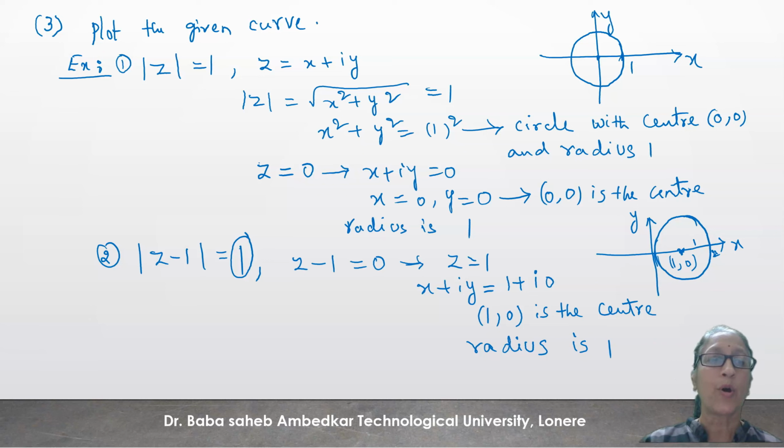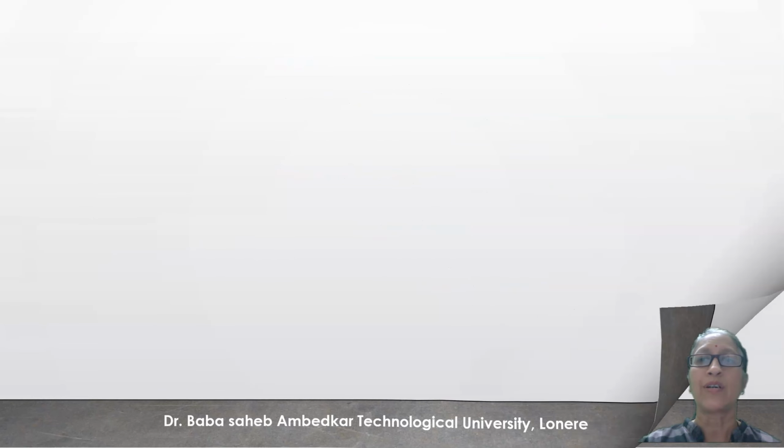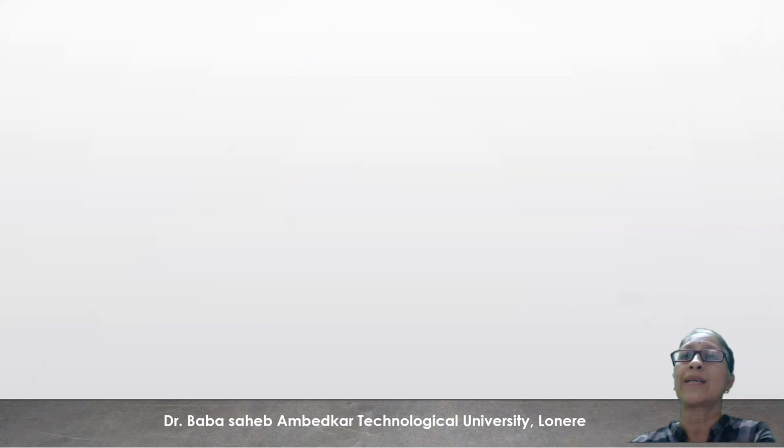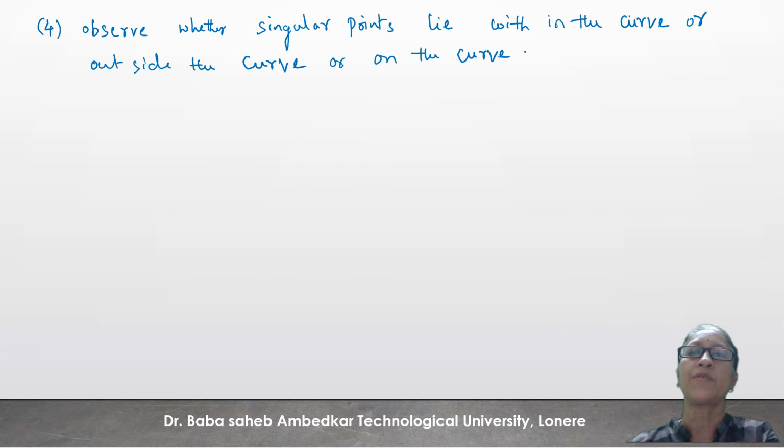After plotting the given curves, in the fourth step observe whether the singular points lie within the curve, outside the curve, or on the curve, because depending on the place of that point, we use Cauchy's integral theorem, Cauchy's integral formula, and so on.